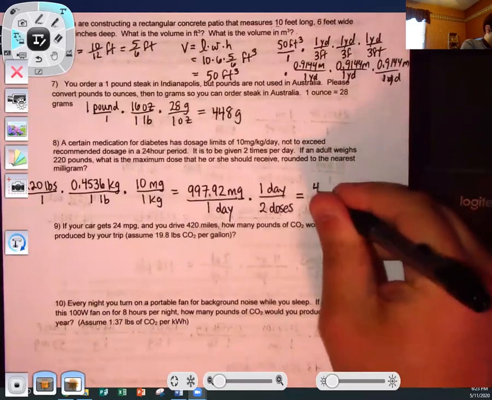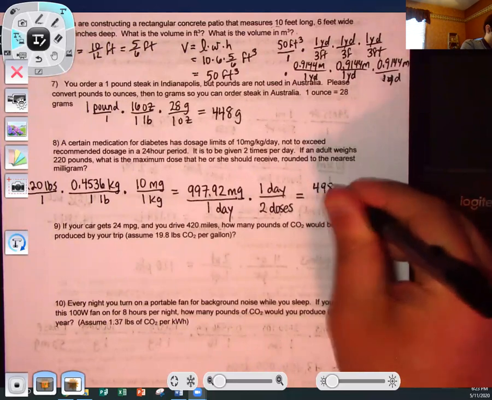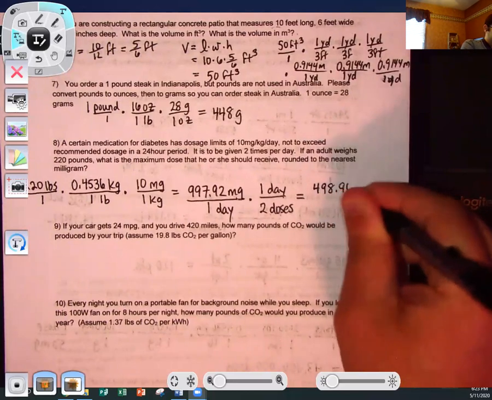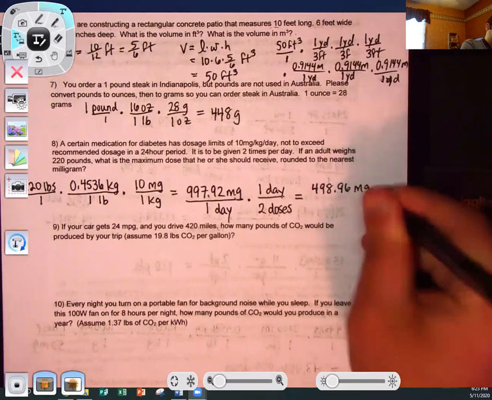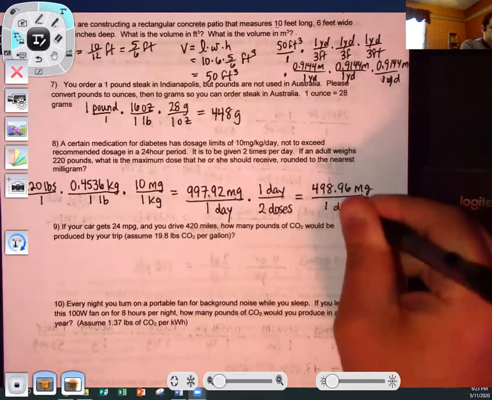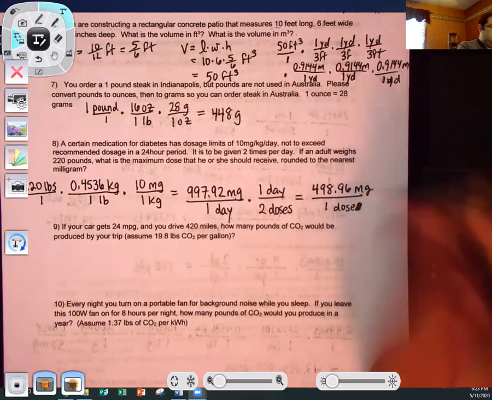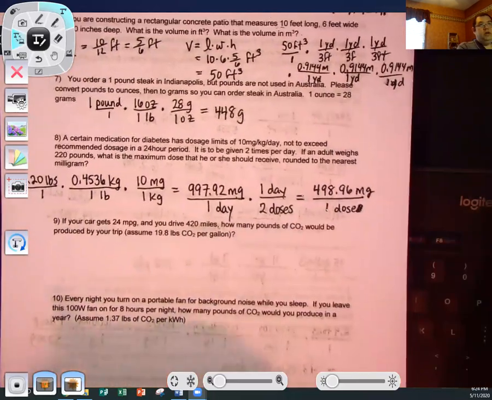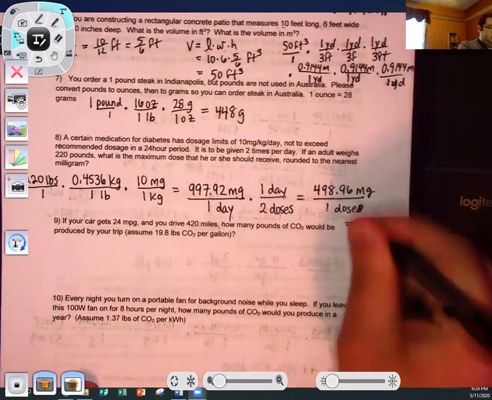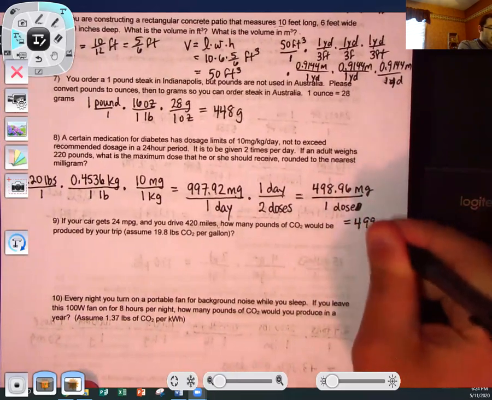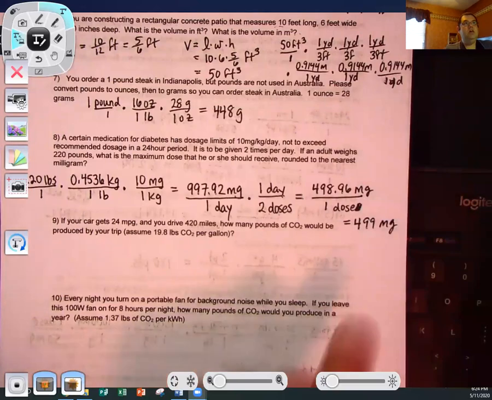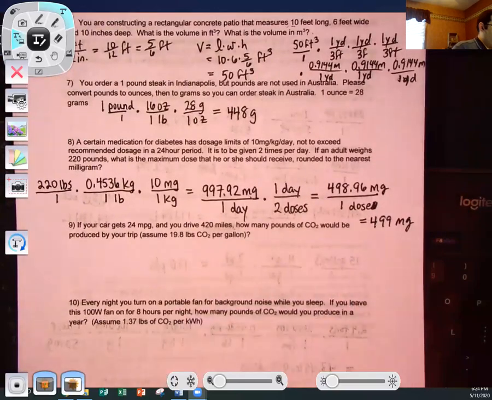So this would be approximately 498.96 milligrams per 1 dose. So notice it says to round this to the nearest milligram. So if I rounded this to the nearest milligram, it'd be 499 milligrams. Therefore, this person can receive 499 milligrams per dose for this particular medication.